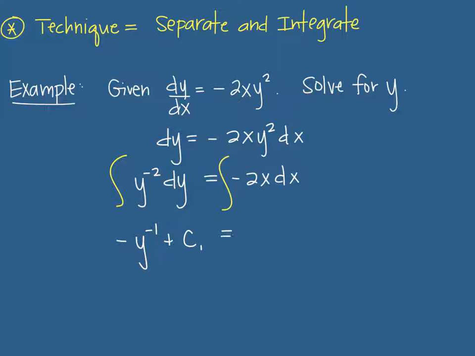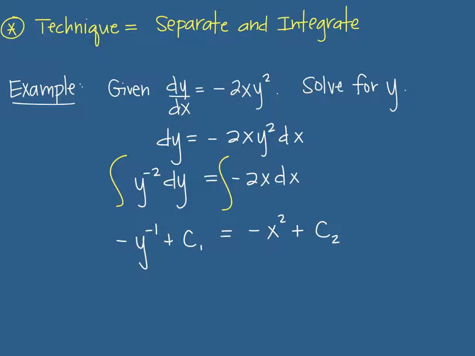On the right side of the equation, negative 2x integrates into negative x squared. It also has a constant, which I'm going to call C2. So I have a constant on both sides. My separate process was first, my integrate process is complete, but now I just have to solve for y, which means get y by itself.